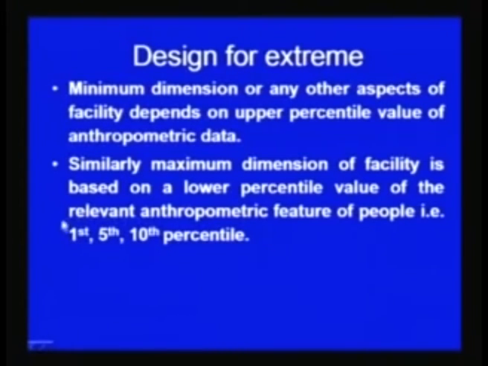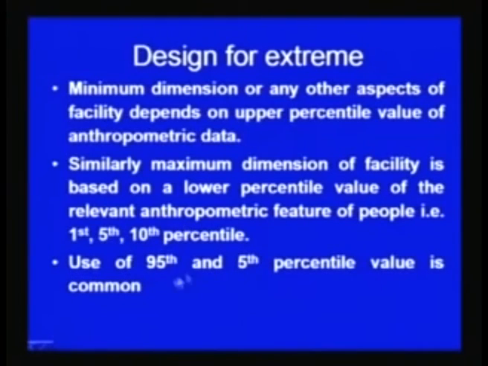Like, if the target is to cover only the first, fifth, or 10th percentile, the rest of the people will be left out. So, what percentile of the people will be considered, or will not be considered, in designing the engineering system?